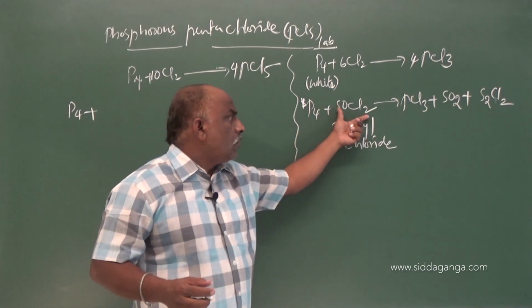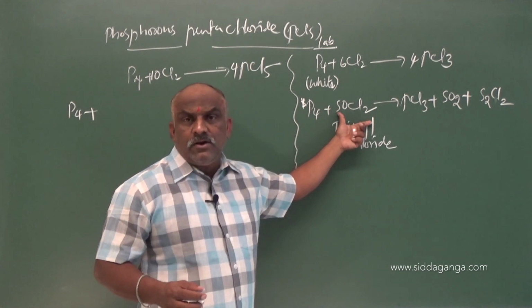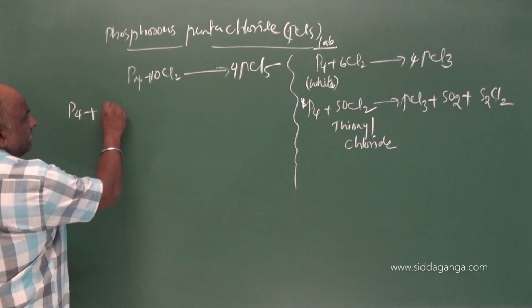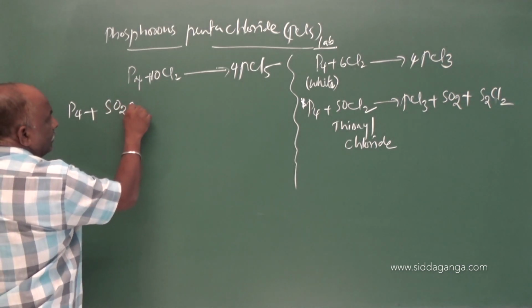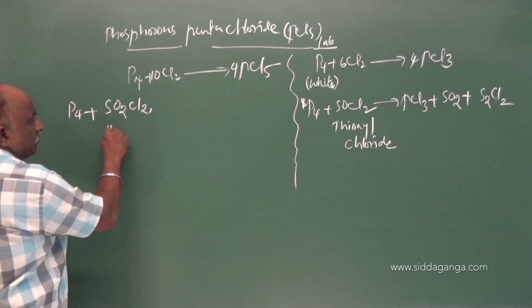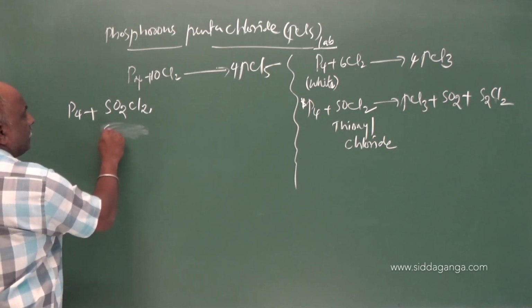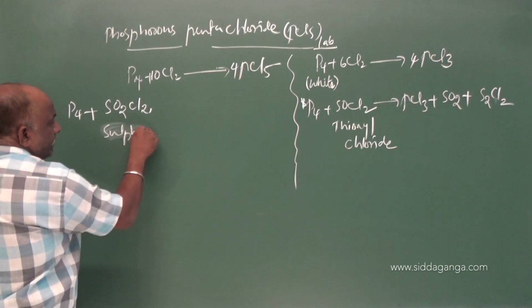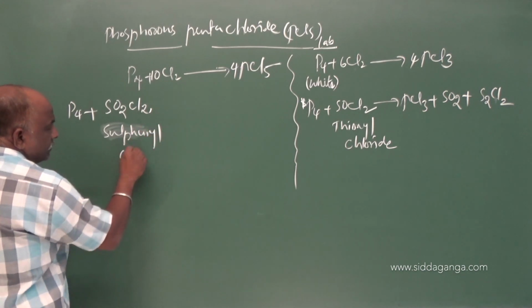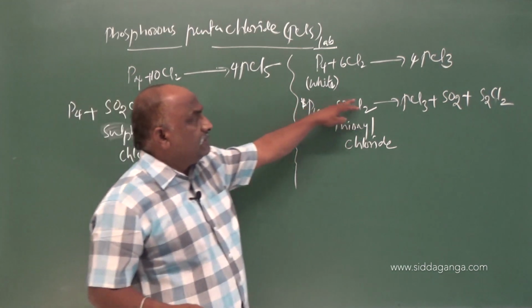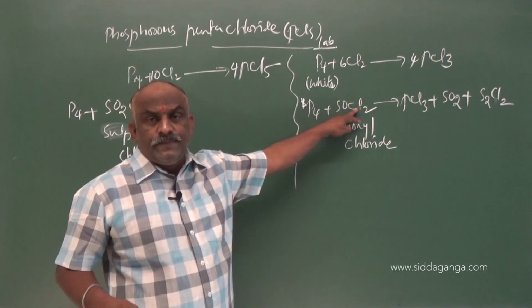Instead of thionyl chloride, if you take SO2Cl2, SO2Cl2 is called sulfuryl chloride. My dear students, make a note, this is very important. That's why we discussed this preparation again here.